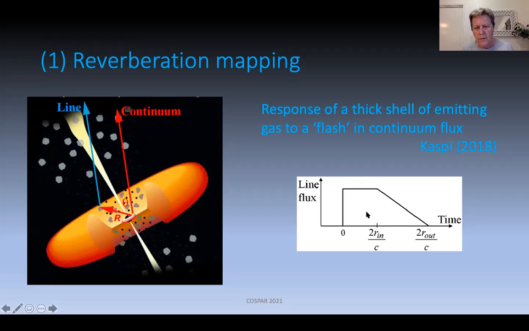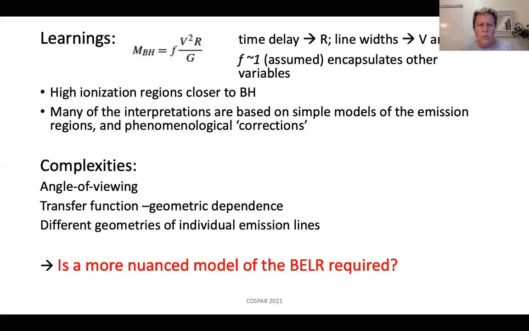And so the line flux is constant. There's an inner radius and an outer radius to the shell, and you can see how the line flux might change, for example, if the emission was turned off. So how then is this interpreted?